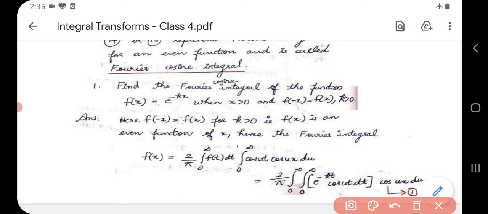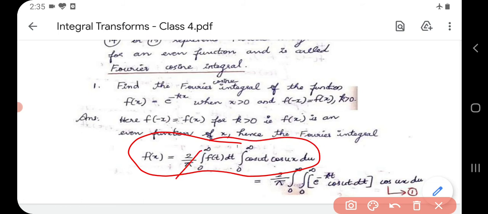Since it is a Fourier cosine integral, you first write the formula that you have learned for the Fourier cosine integral. 2 by pi is kept as such, 0 to infinity is kept as such, cos ux du is also kept as such. What remains is f of t and cos ut dt. What is your f of t? e raised to minus t, that is written. Then what remains is cos ut dt, that is also written here.